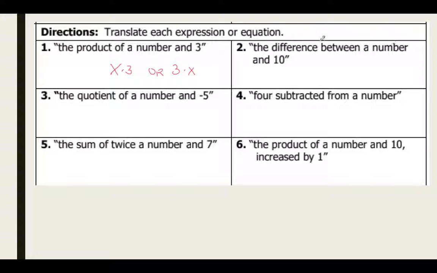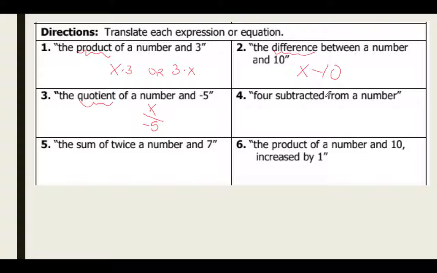The difference between a number and 10: x minus 10. The quotient of a number and negative 5: a number divided by negative 5.